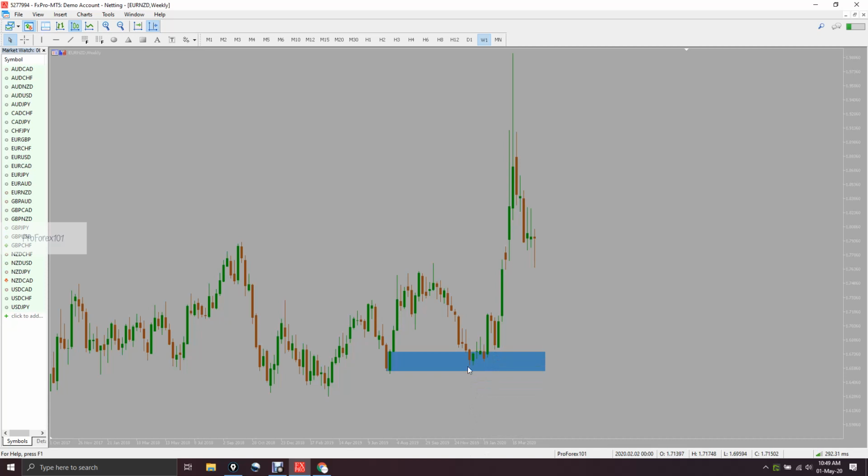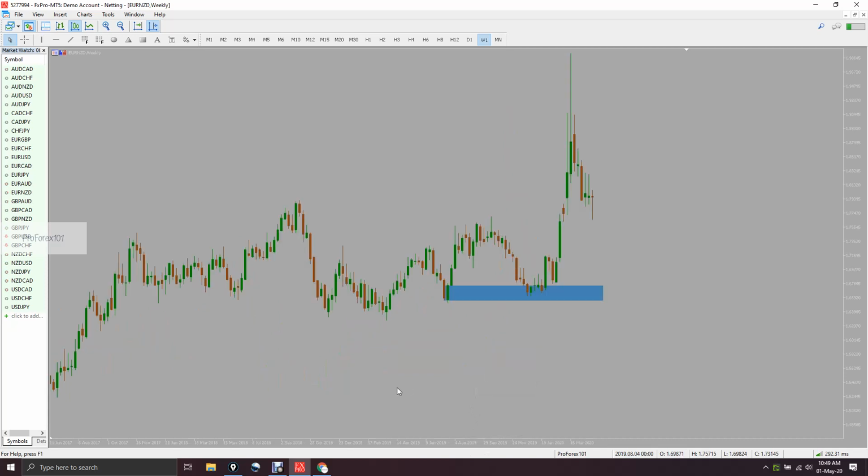So these zones are like memory points in the market where markets turn around from. This was a supply zone back in September 2018, and then it played a part again in September 2019, a year later.